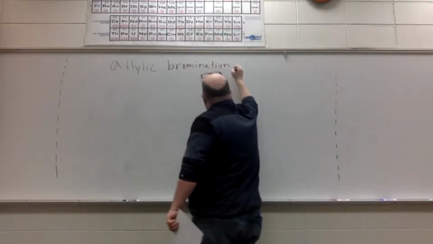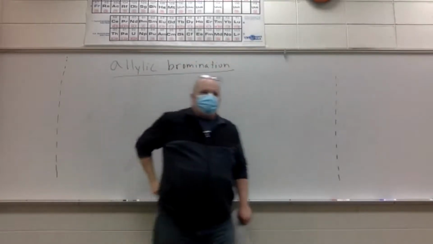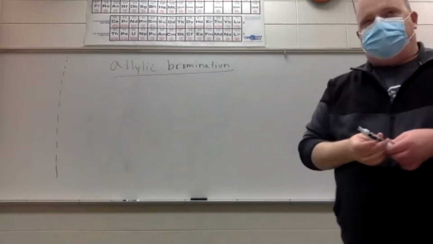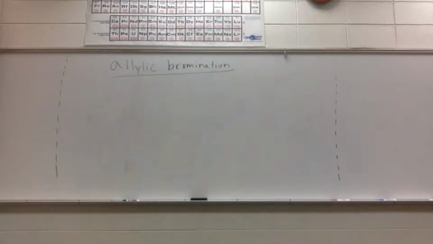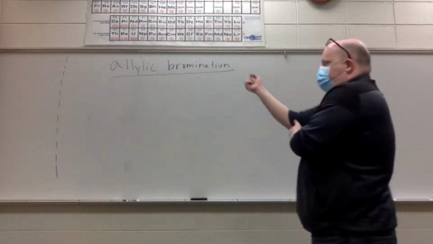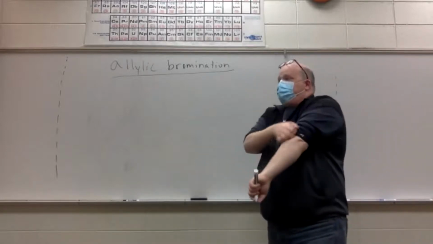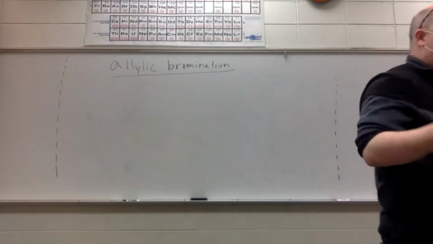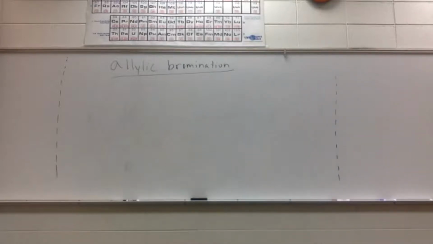And that's at the allyl position. We've talked about allyl radicals, and we know that they're more stable and easier to form than non-allylic radicals. So for bromination purposes, since bromination is selective, you'd think it's going to target an allyl radical whenever possible.